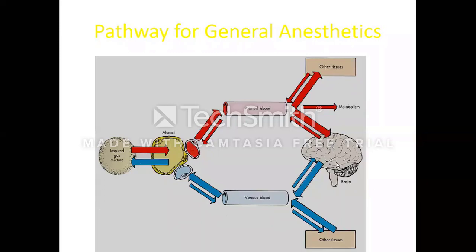After it has produced anesthesia, has reached equilibrium between the blood and the brain, and has been used by the brain, the concentration gradient will reverse, and the drug will start moving from the brain into the venous blood. After coming into the circulation, either it will move into the other tissues or it will move back into the lungs, alveoli, and be exhaled out. So for an inhalational anesthetic, it will follow this passage.